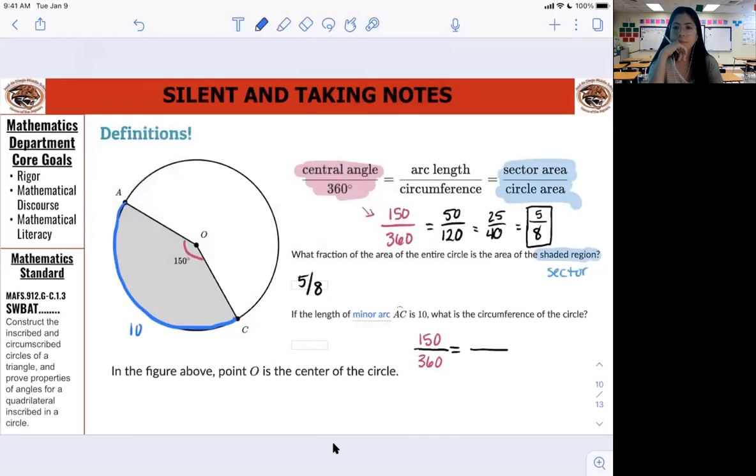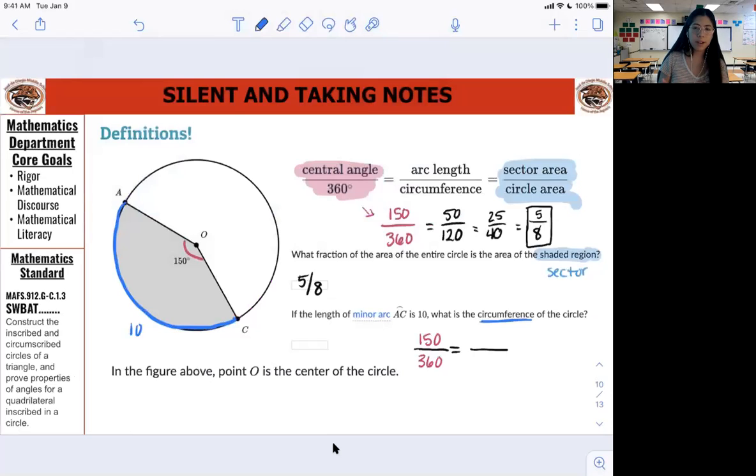It starts with a C. Tyrone, read the question out loud, please. Is it the circumference? We're looking for the circumference. We don't know the circumference.